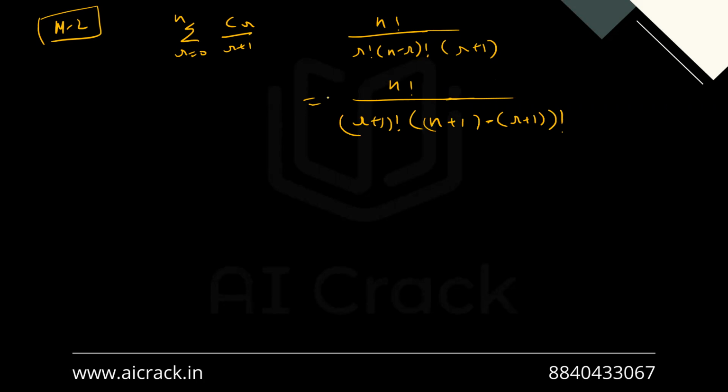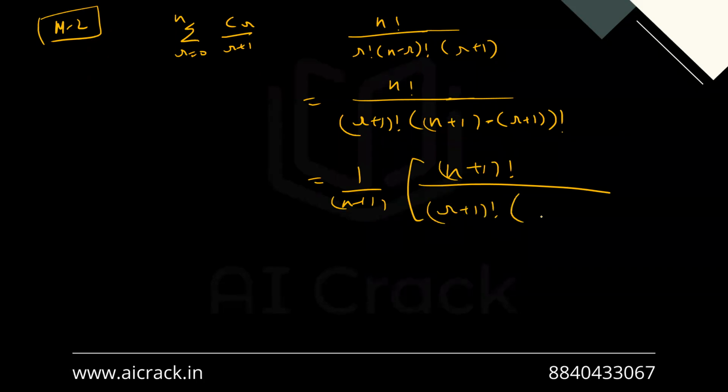Now that gives me the hint: why don't I multiply and divide by n plus 1, and I'll be getting n plus 1 factorial in the numerator divided by r plus 1 factorial multiplied by n plus 1 minus r plus 1 whole factorial, right?